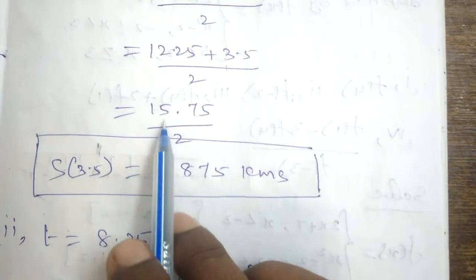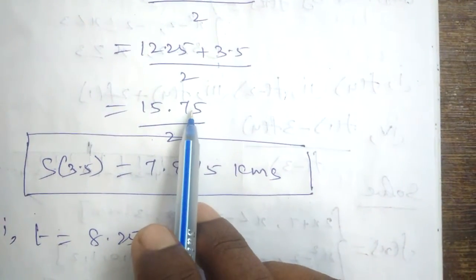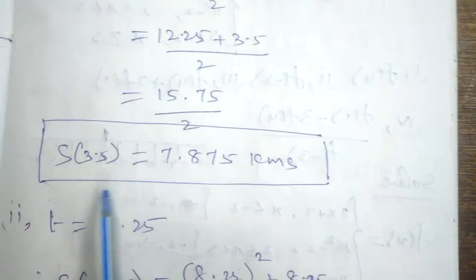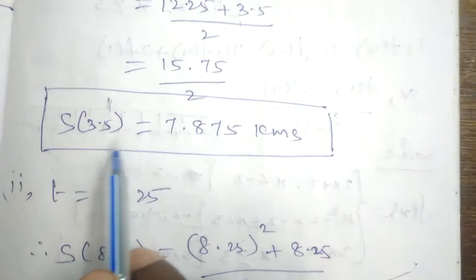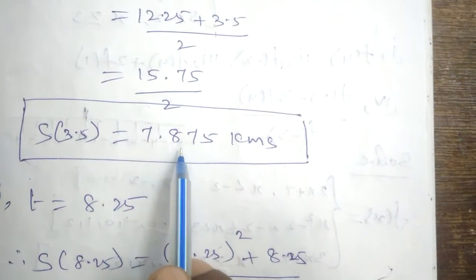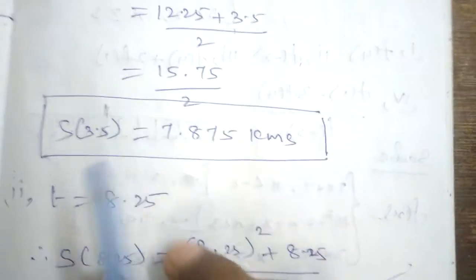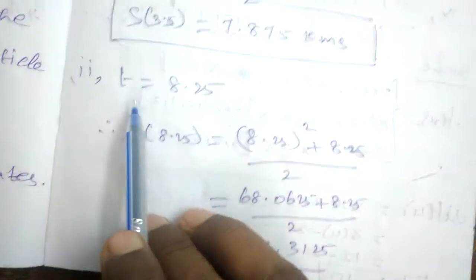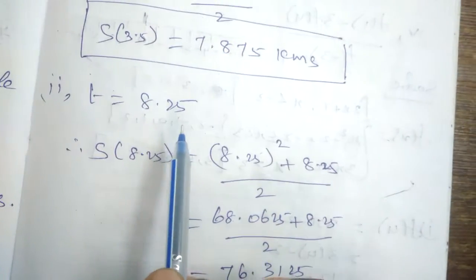We divide 15.75 by 2, and we get s of 3.5 is equal to 7.875 kilometers.